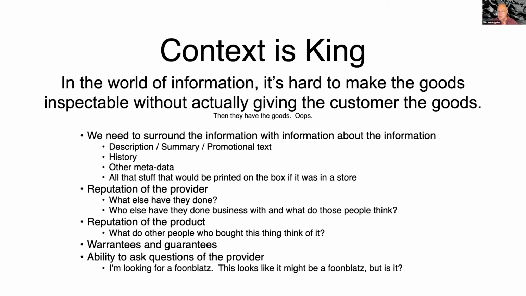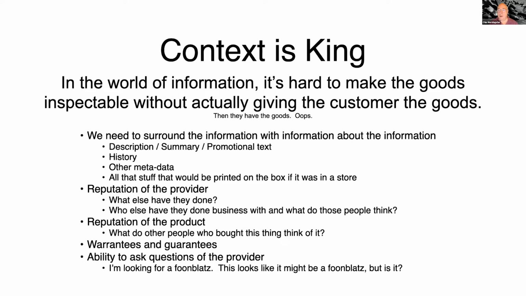And then the other thing which is worth mentioning here is something which Amex spent a lot of its effort on. It was about providing context. Amex was specifically about delivering goods and services which could be themselves delivered electronically. So information products, this could be a piece of software, it could be some advice, it could be the answer to a question, it could be, you know, a science fiction novel.